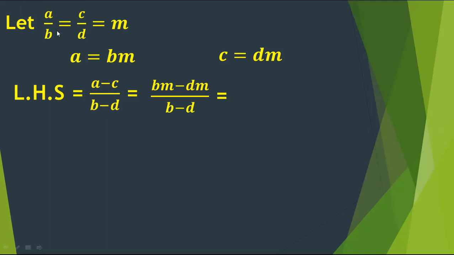Write B and D as they are. In BM minus DM, we notice that we have a common factor, which is M. This term has M and this term has M. Then we can take M as the highest common factor.